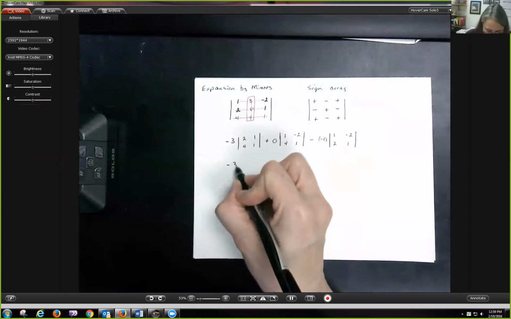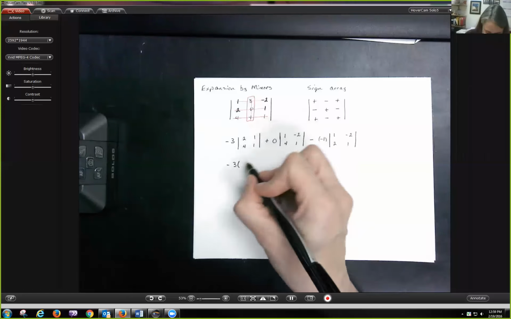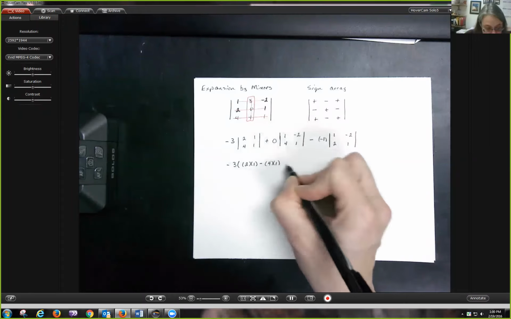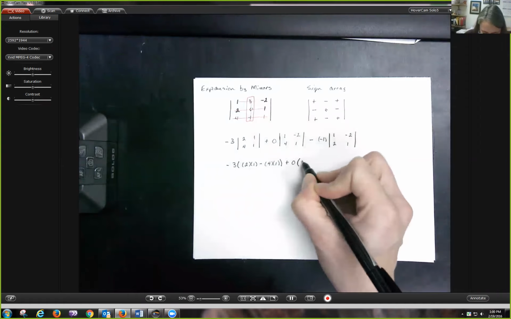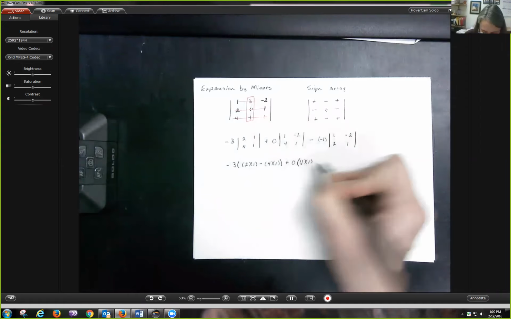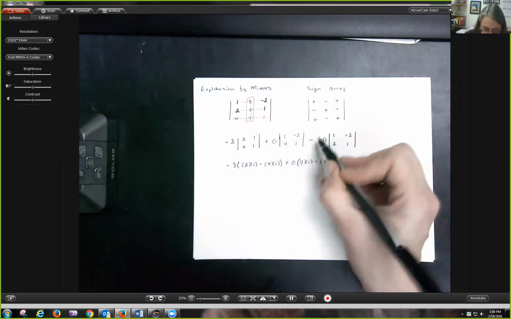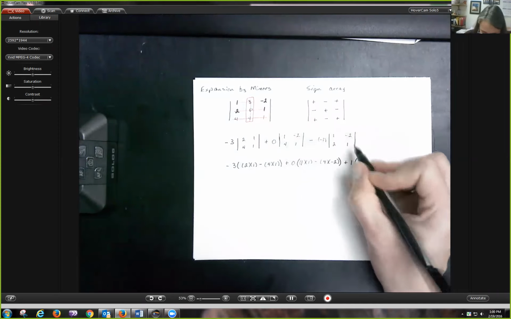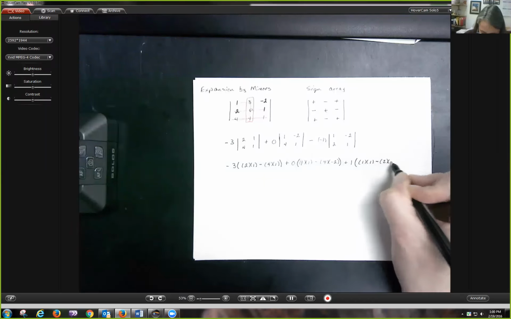So I've got -3 times the determinant of this 2 by 2 matrix, which is 2 times 1 minus 4 times 1, plus 0 times 1 times 1 minus 4 times negative 2, minus a negative 1 is going to be plus 1 times 1 times 1 minus 2 times negative 2.